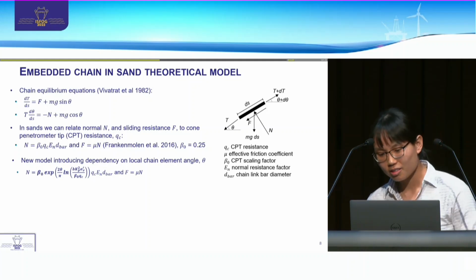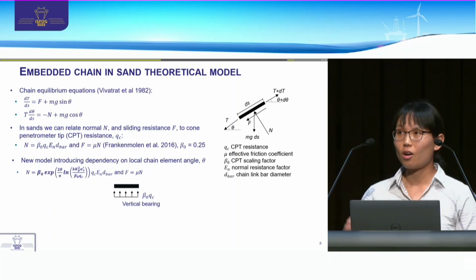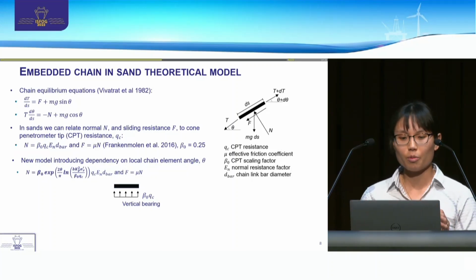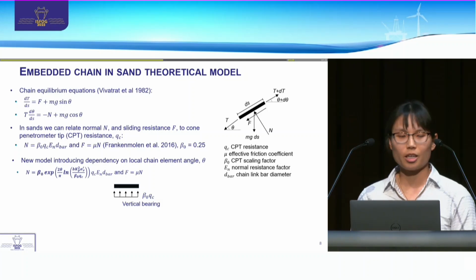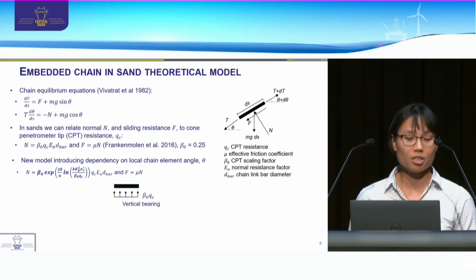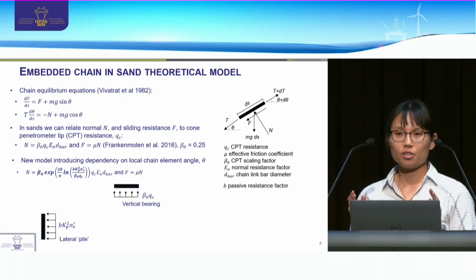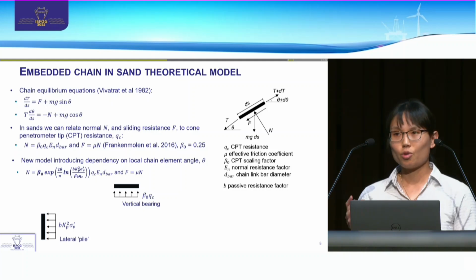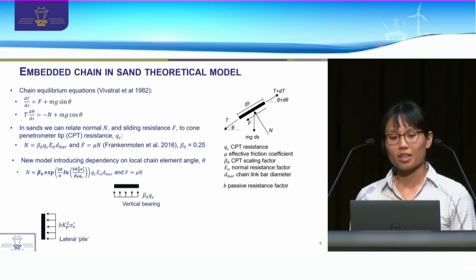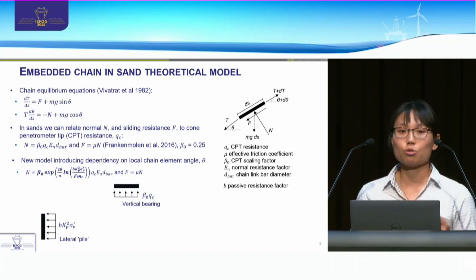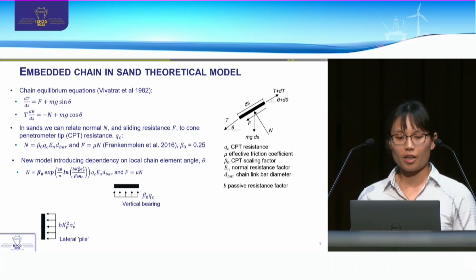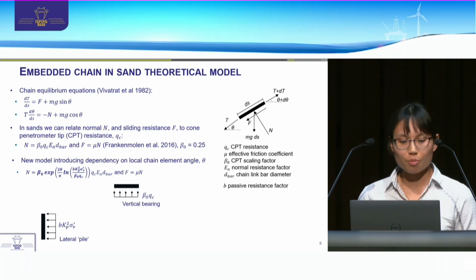So what this means is that if we had a horizontally oriented chain element, then the normal pressure acting on that is equal to a factor of the cone penetrometer tip resistance. If we have a vertically oriented chain element, then the normal pressure acting on that is equal to a factor of the limiting lateral stress, as if the chain element were like a laterally loaded pile.